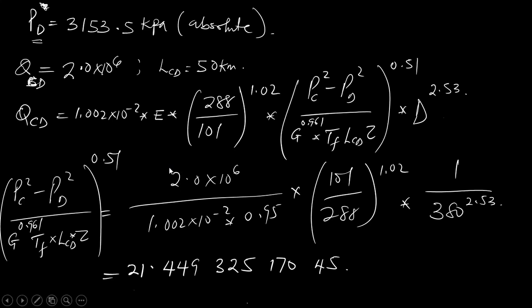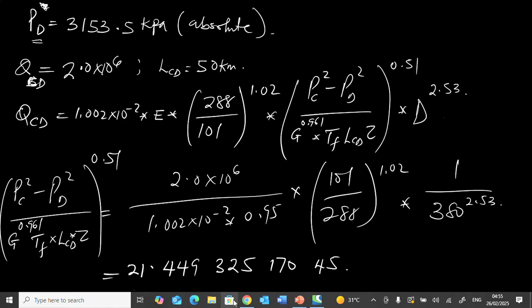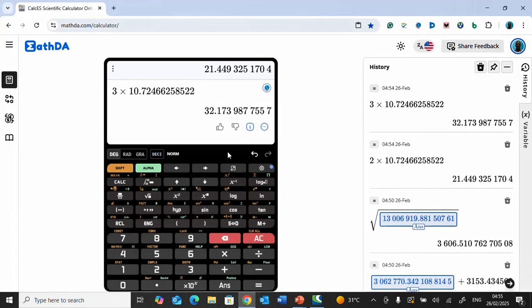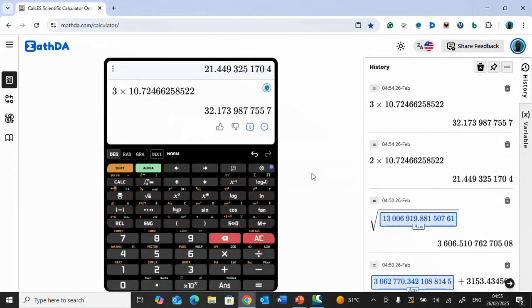So that means when we change to 3, we're going to get this same value here. Now let me see if I can copy.